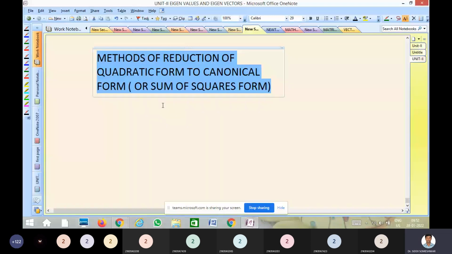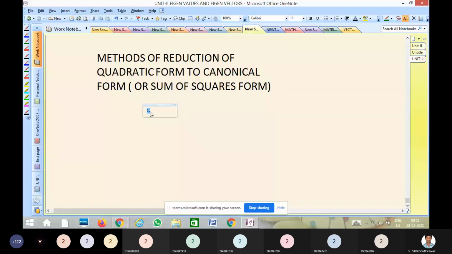The first one is diagonalization, that is reduction to canonical form.